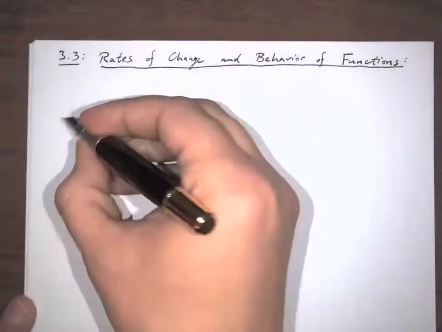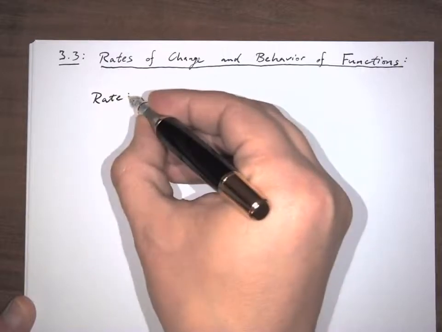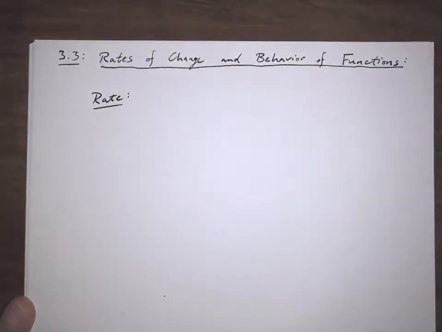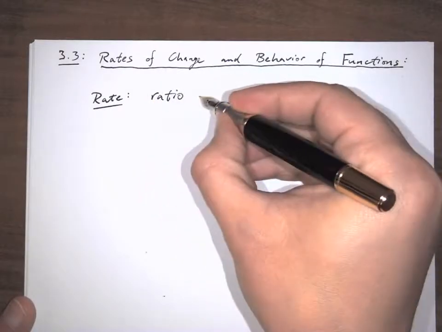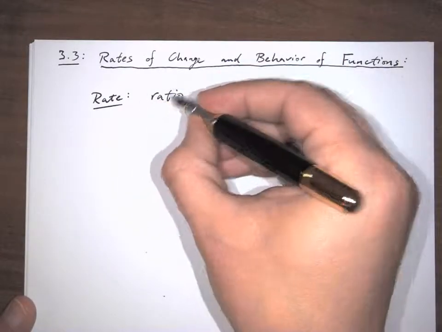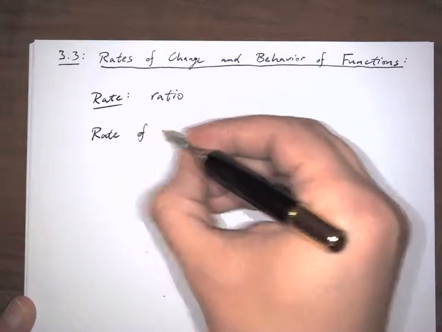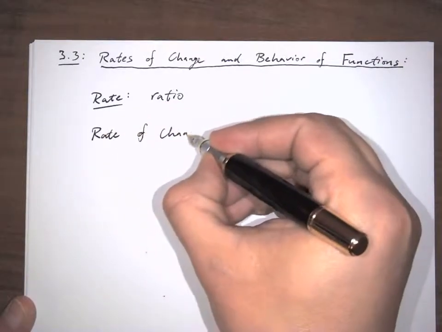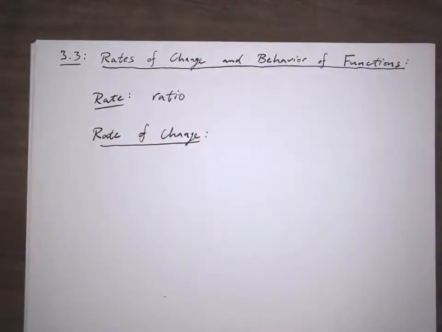Alright, so first off, let's talk about the rate of change. Well, a rate in general means a ratio. And here, a rate of change means the ratio of the change in the outputs to the change in the inputs.